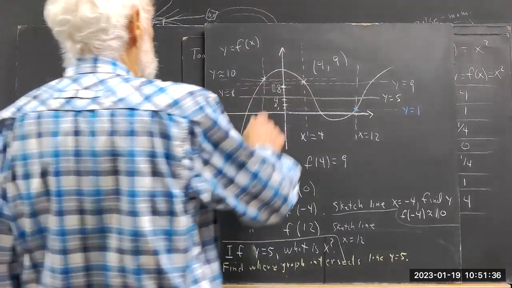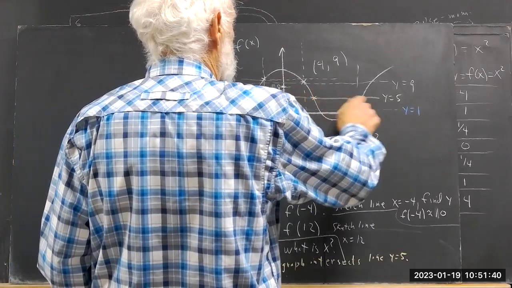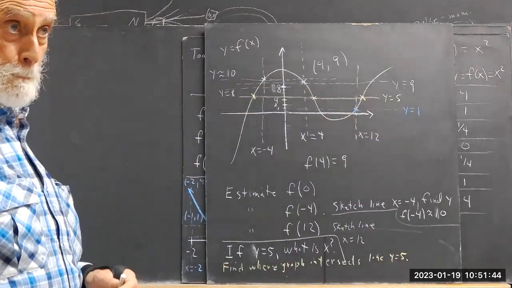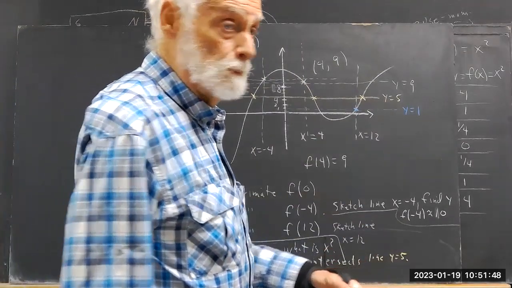And you mark those points. Point here, point here, and point here. Okay. Then you find the x values.